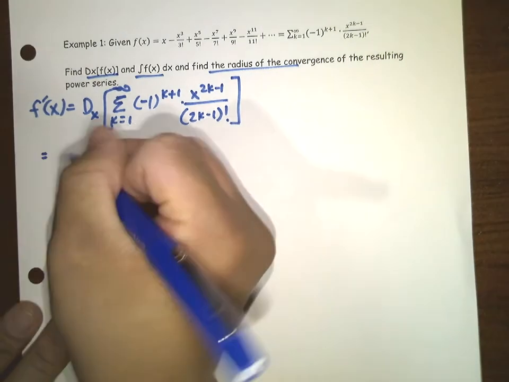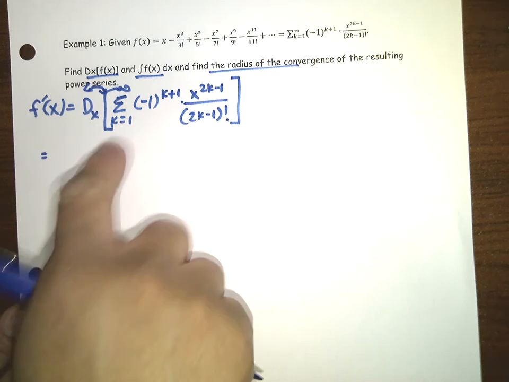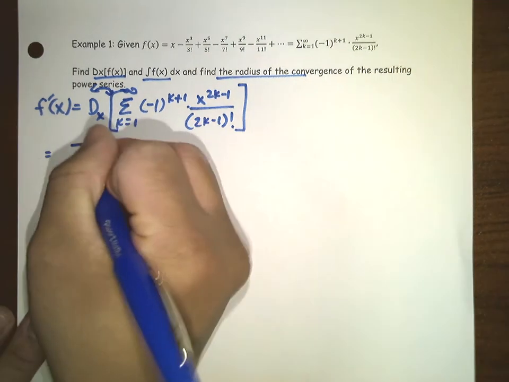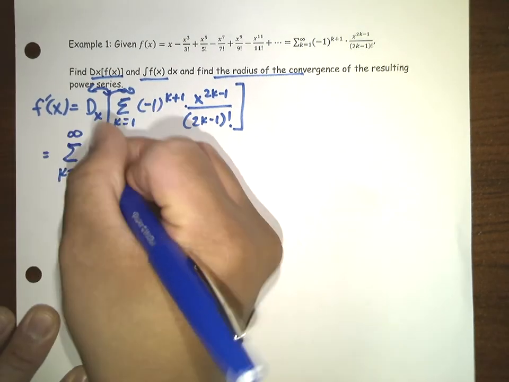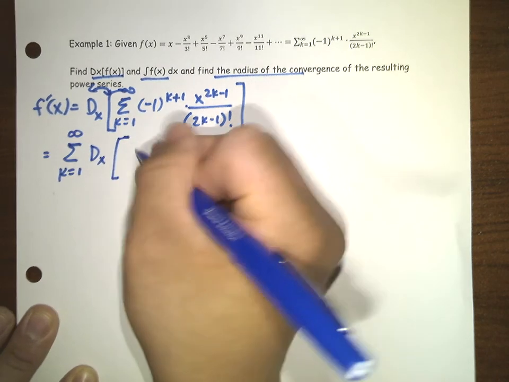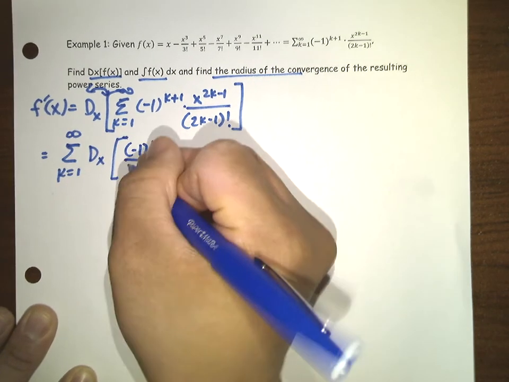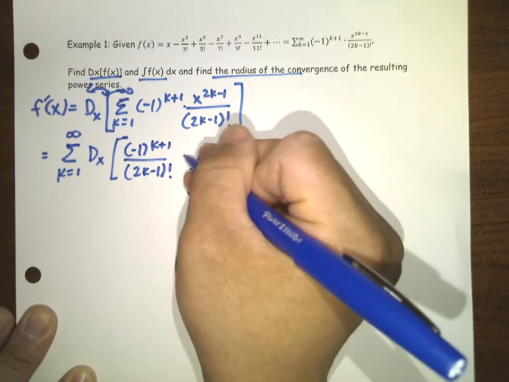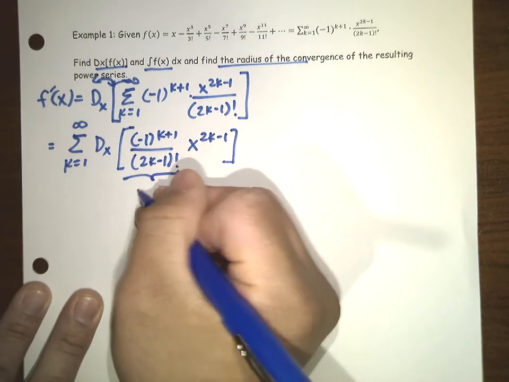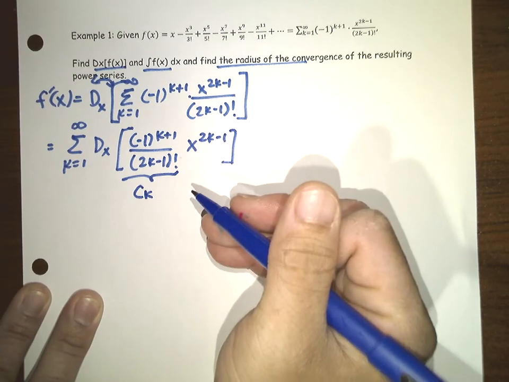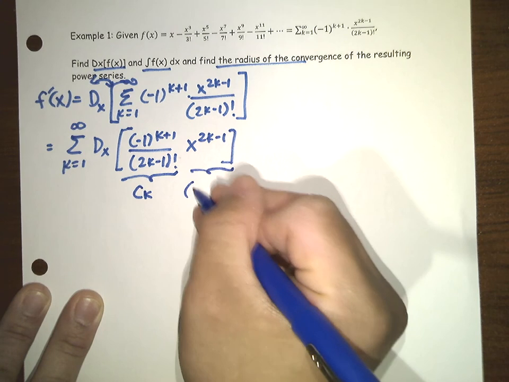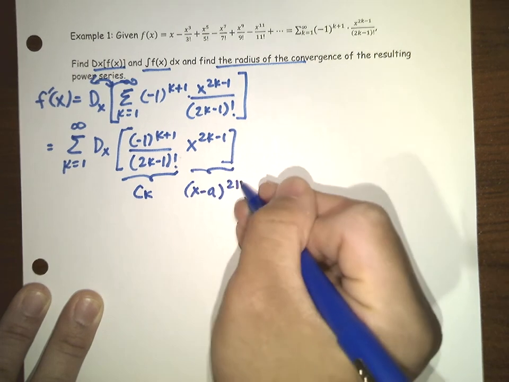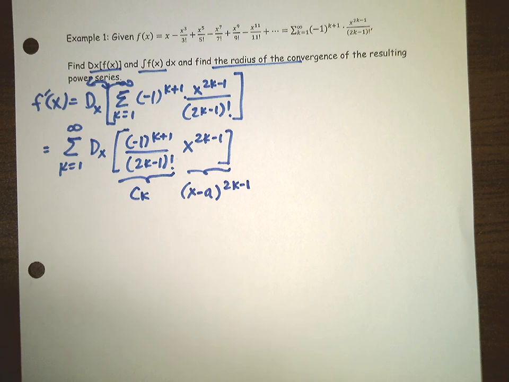And then I'm going to interchange the sum and the derivative. So the sum k equals 1 to infinity of the derivative with respect to x of negative 1 to the k plus 1 over 2k minus 1 factorial times x to the 2k minus 1. I'm rewriting this so that I can see the ck here, and I can see the x minus a to the 2k minus 1 here, just so that you're clear on what is going on.